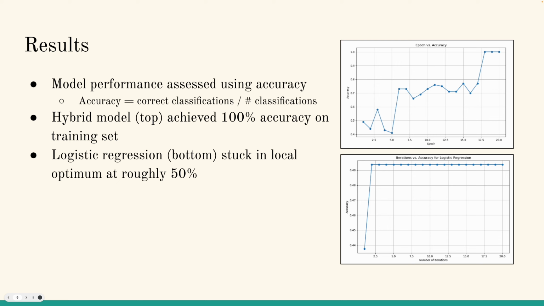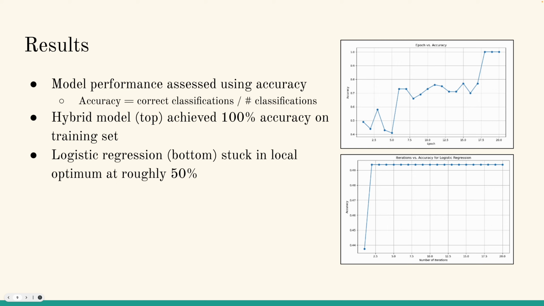But when we use the Bayesian network to inform what the weights should be, it's actually able to split that and find multiple decision boundaries and able to classify them. And so we can see that after just 18 iterations or so during the training process, it's able to perfectly classify this training data set.